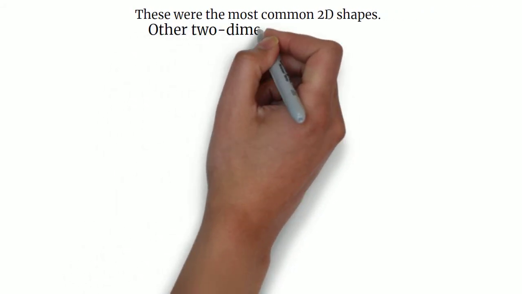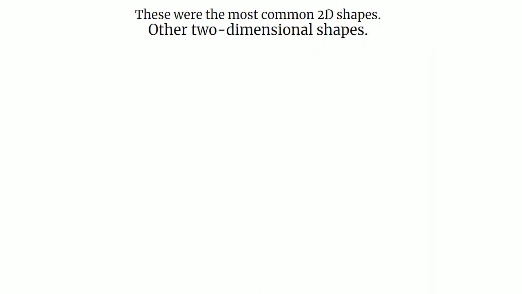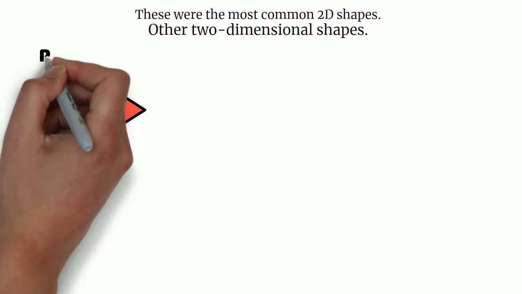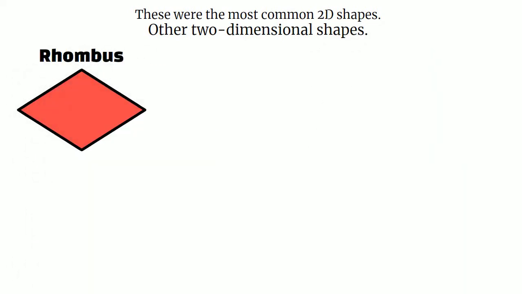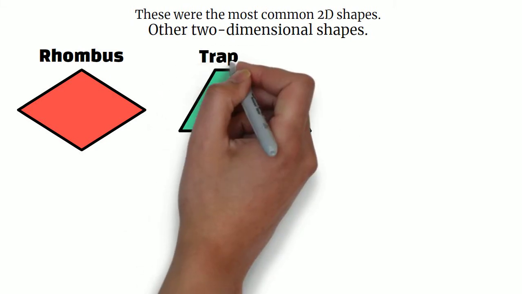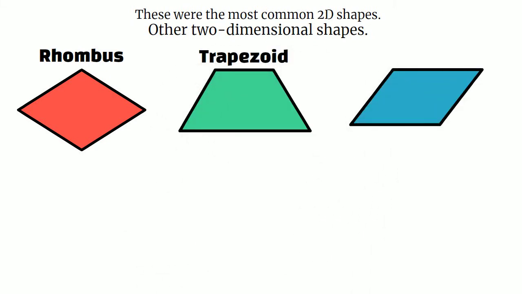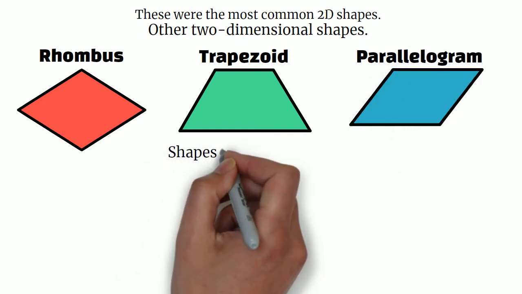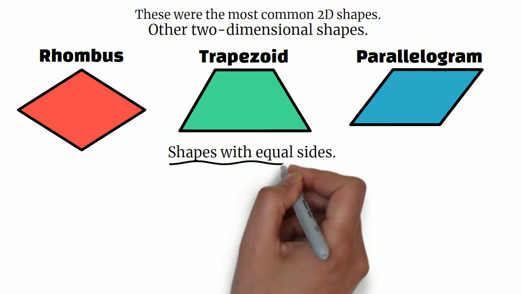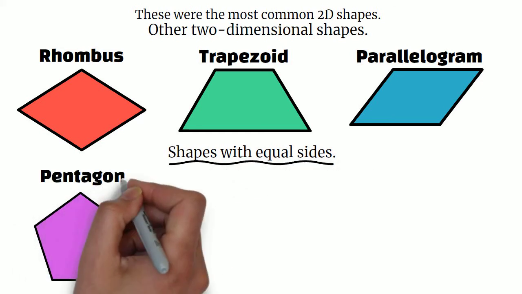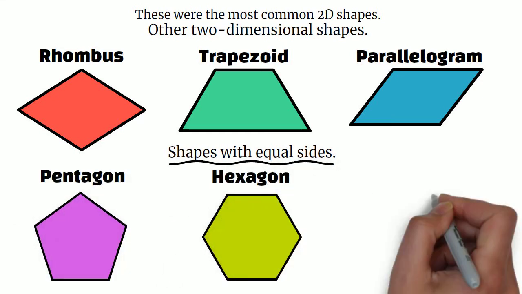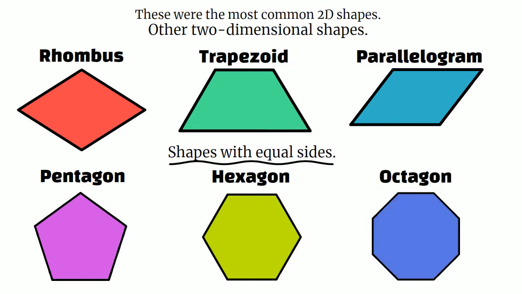So, these were the most common 2D shapes. Other two-dimensional shapes are as follows: rhombus, trapezoid, parallelogram, or the ones with equal sides like pentagon, hexagon, or octagon.